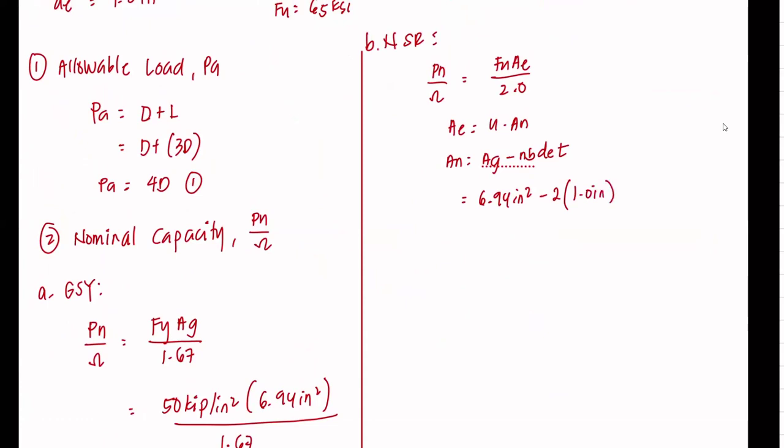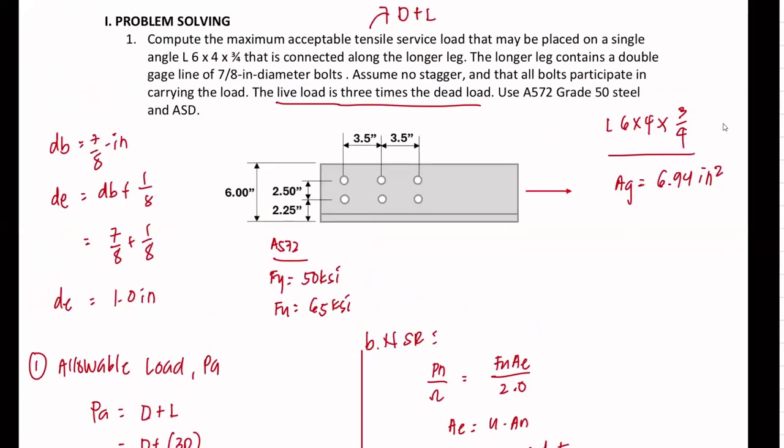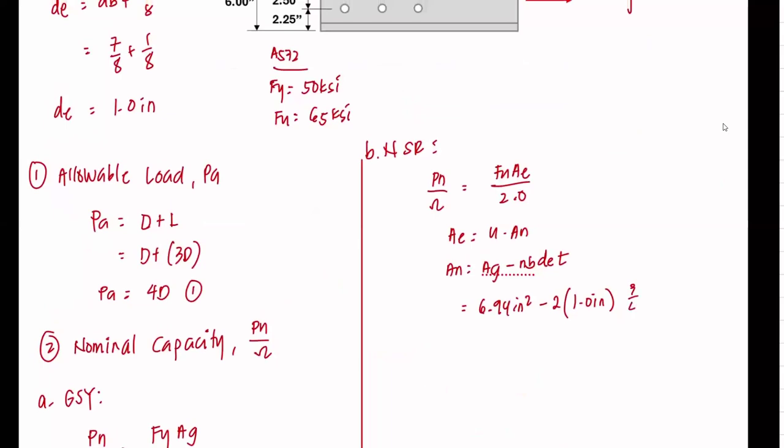And then the thickness of our section, since this is an angle bar, this is the thickness, so 3/4. AN is equals to 6.94 minus 2 times 1 times 0.75, that is 5.44. This is for our net area.